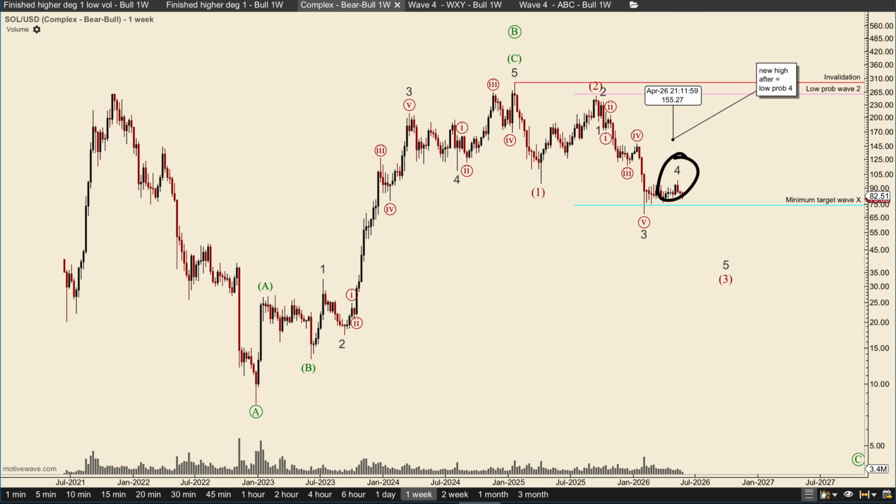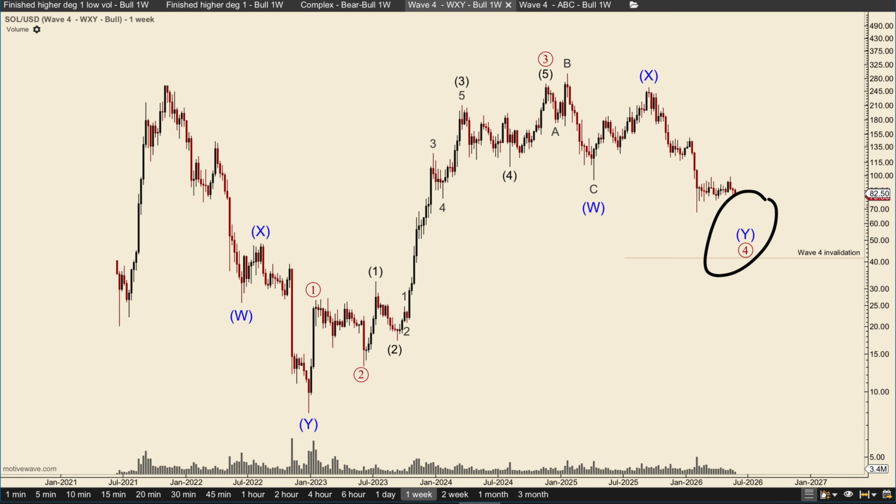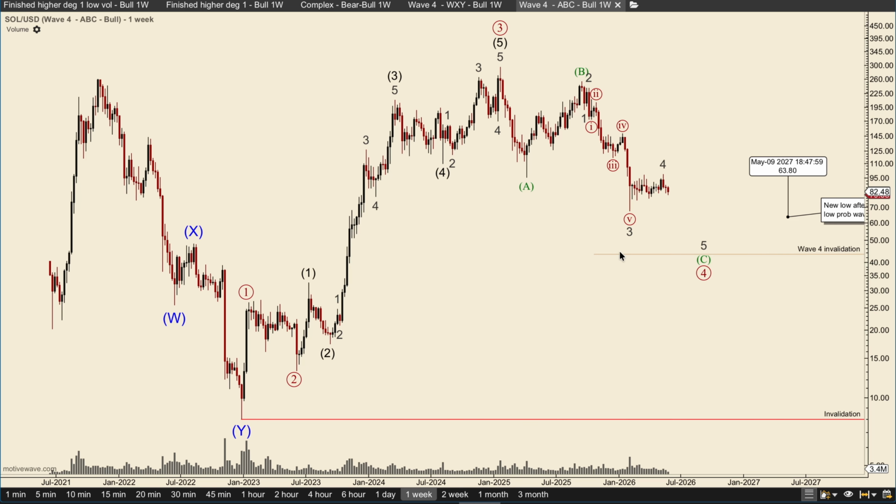These two, they do not have the highest probability just because of a channeling technique if you draw a channel like this, because wave 4 is way out of the channeling, and also this wave 4 is way out as well. So you can see it uses a lot of different techniques.